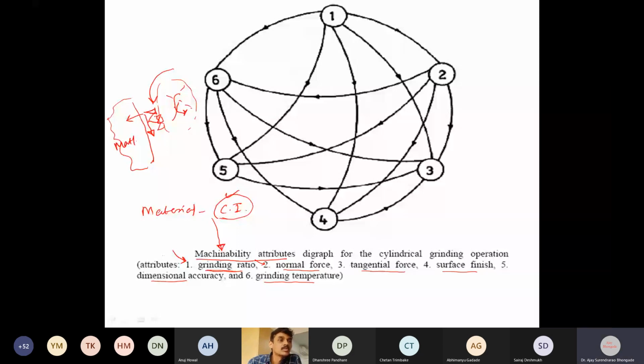What is the grinding ratio? How much material is removed? Surface finish, how can it be achieved? Dimensional accuracy. In short, we try to connect these attributes with each other. So when I say one, what is one? One is the grinding ratio. Now each of them can be related with each other.